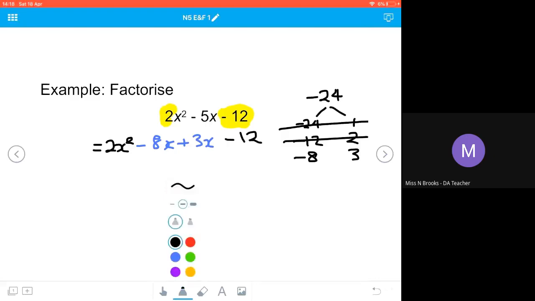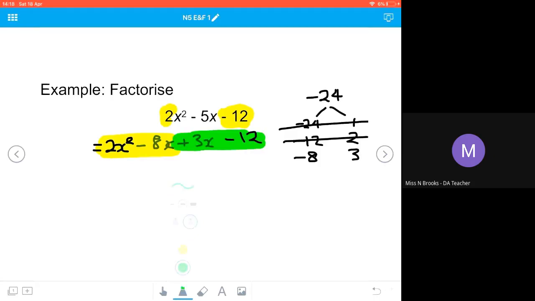So now we're doing exactly the same thing. We're going to factorize those first two terms, so the 2x squared minus 8x, and we're going to factorize the plus 3x minus 12. So what's the highest common factor of 2x squared minus 8x? And that is 2x. So we've looked for the highest common number and the highest common variable.